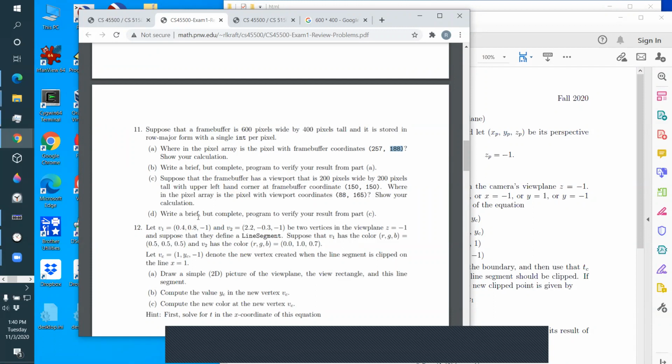See, you skip over, you're in row 257. Oh, no, you got to be careful. No, you're not in row 257. You're in row number 257, so that's the 258th row, right? So that's the 258th row. So you have to skip over 257 rows. So you have to take 257 times 600 to skip over 257 rows to put yourself in the 258th row. And then you're 189 positions into that row.